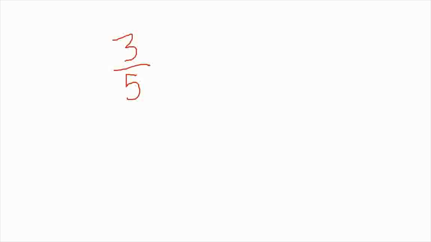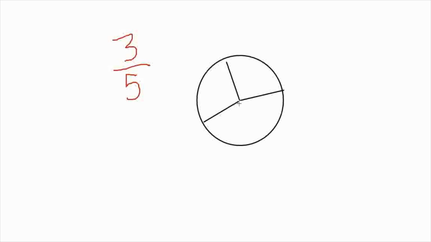Now, the bottom number, when you write a fraction like this, represents a certain size portion. Imagine a pizza, and for this example, imagine that I split the pizza up into 5 pieces. If you have 5 pieces equal in size, that's what the bottom number represents.